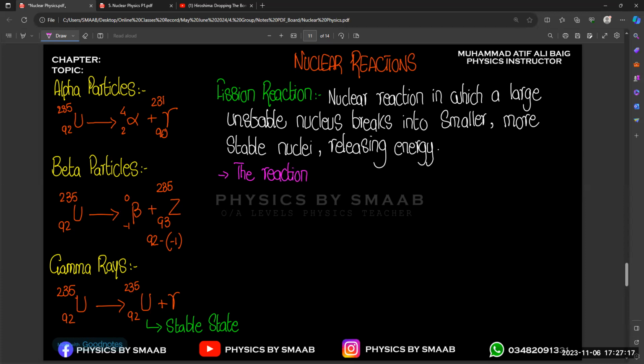So basically the reaction is triggered by inserting a neutron, because the uranium is already unstable, and if you strike one more neutron in the nucleus, it will become more unstable, right?